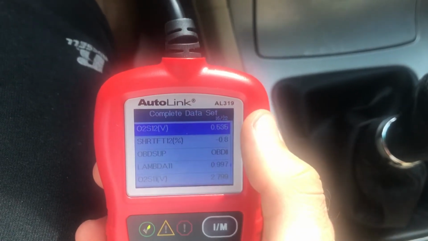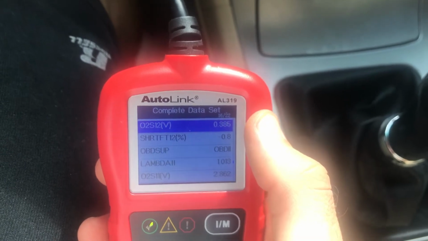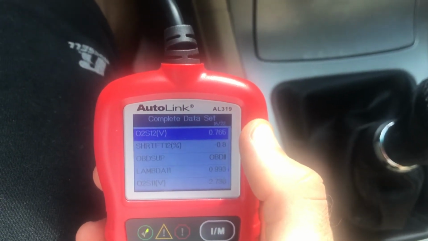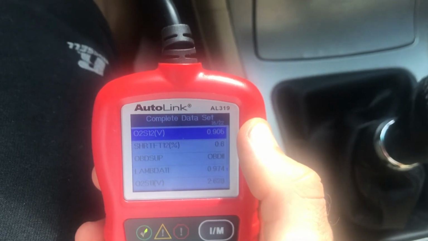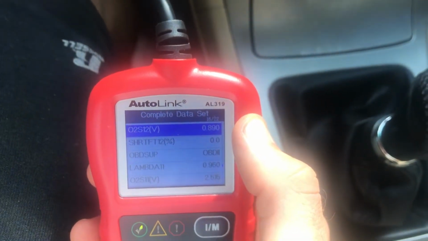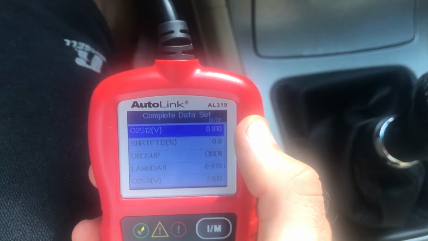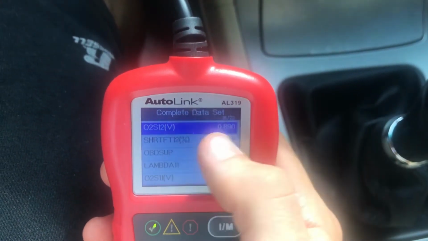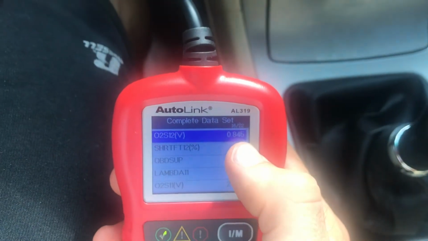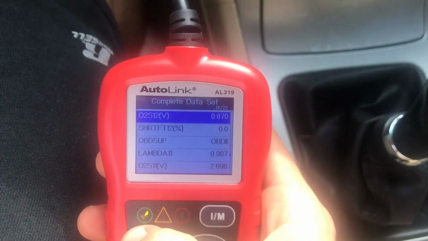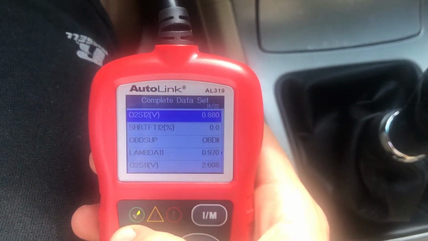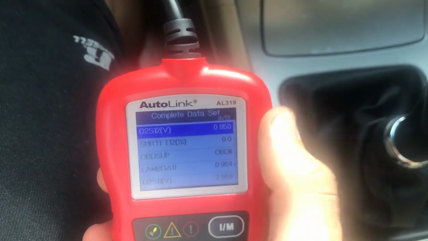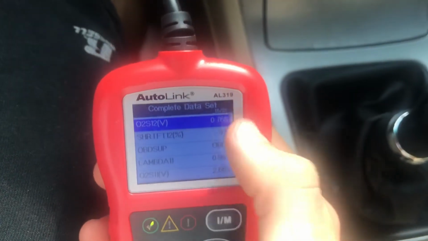Based on this data right now, it is fluctuating between 0.9 and 0.6 volts, but it does appear to be relatively constant. It's dropped down to 0.4. Okay, so basically it is spiky, it is volatile.